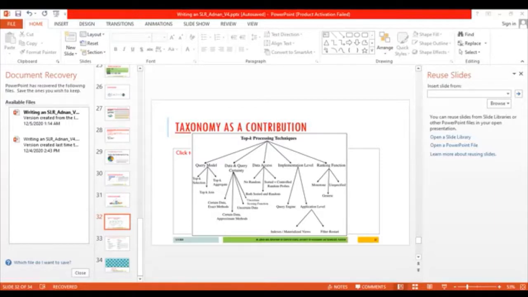Sometimes there are existing surveys, so you differentiate that, okay, this is how my survey is different from the previous ones, and this is how the new factors are presented and discussed in my research.